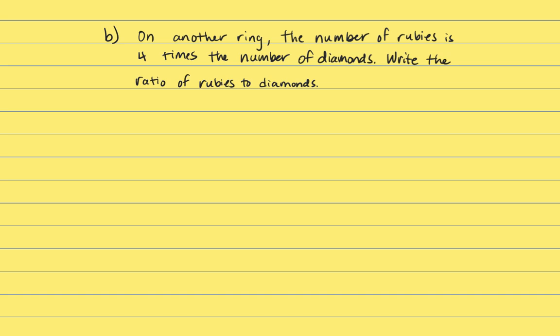So if I made 4, here's 4 rubies. And I know the rubies are 4 times the number of diamonds, so I would simply have 1 diamond. And so all that means is it would be a 4 to 1 ratio.